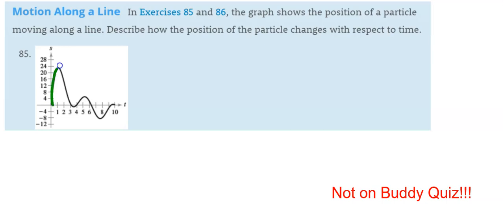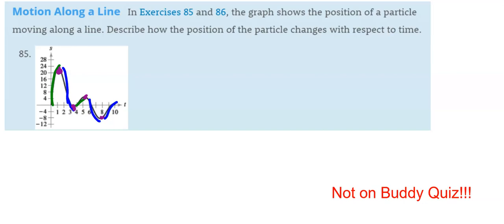This part is particle moving forward. This is particle moving backward, right here. And this is where the particle is moving forward again, and then moving backward, and then moving forward again. At these purple points, this is where the particle is staying still, not changing at all, just for an instant.